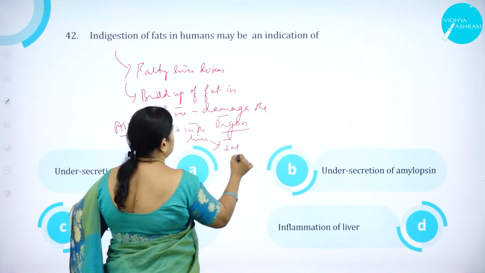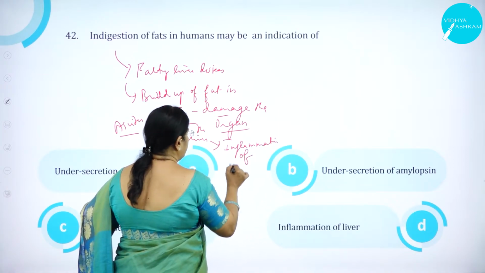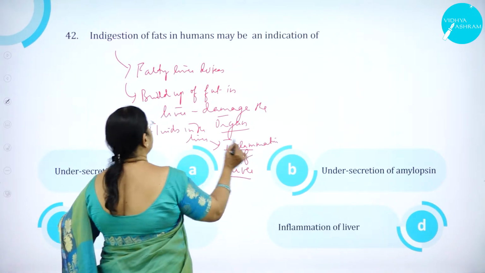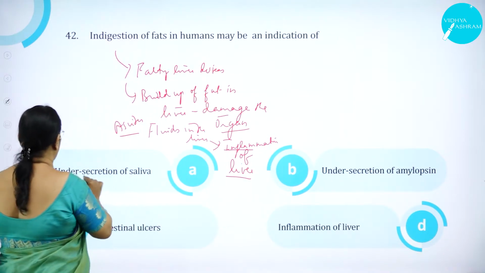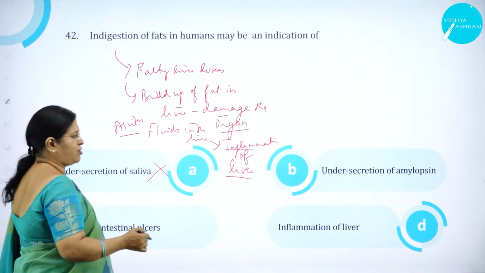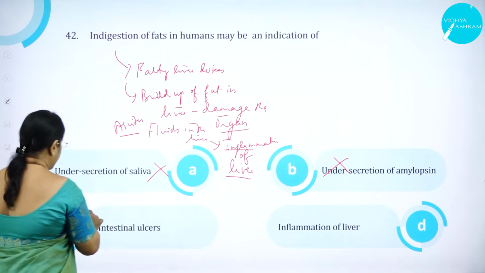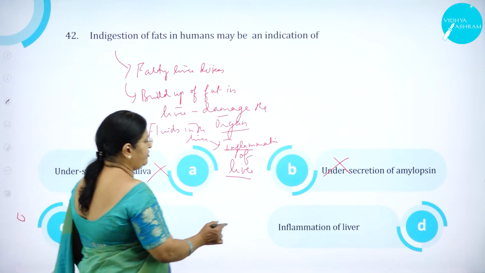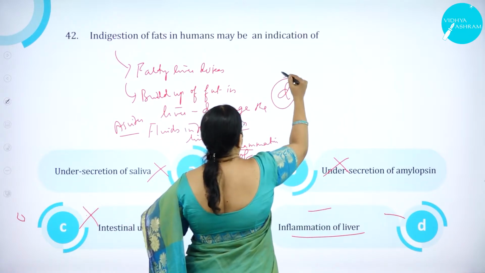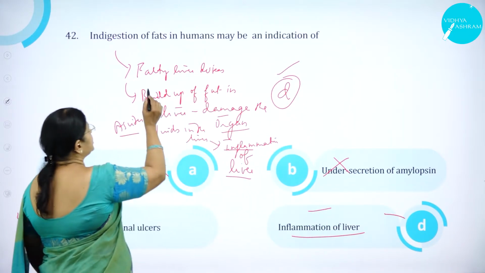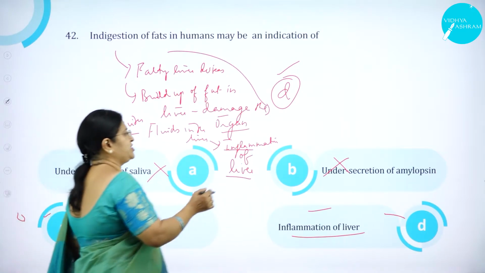Inflammation of liver. So indigestion of fats in humans may be an indication of under secretion of saliva, wrong. Under secretion of amylopsin, wrong. Intestinal ulcer is wrong. Inflammation of liver, option D is correct. So option D is correct. Indigestion of fats will lead to what? Inflammation of liver.